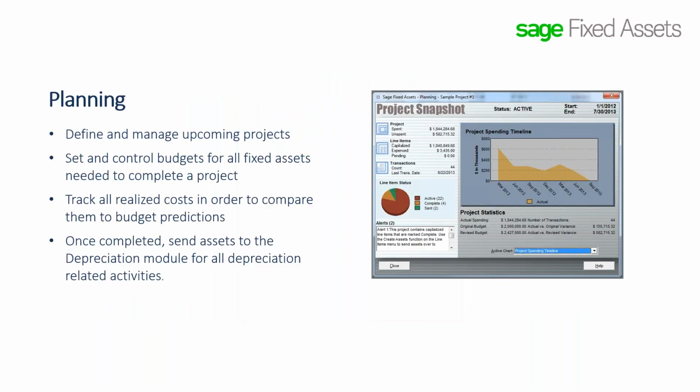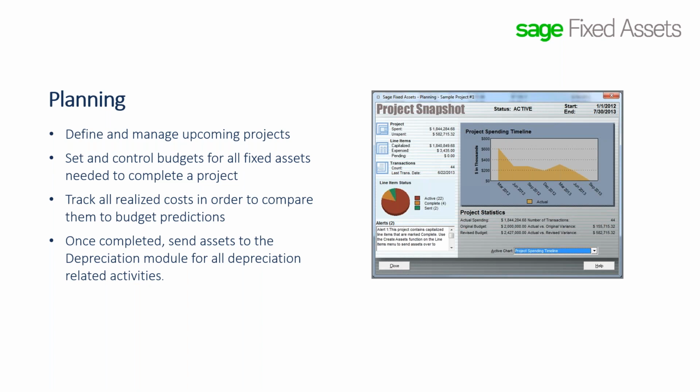So let's take a look at which portions of the Sage Fixed Asset Solutions handle which of those cycles. The planning module would be what's going to handle things outside of your ERP. So as you do a PO or invoice of some sort in Sage 100 or 300, for example, if that asset is going to be placed directly in service, it would go straight to the depreciation side.